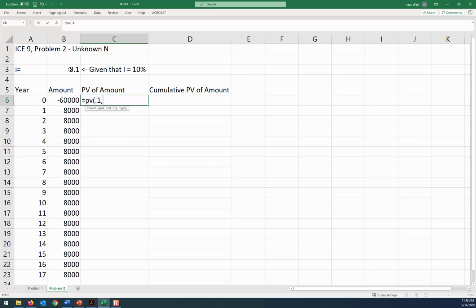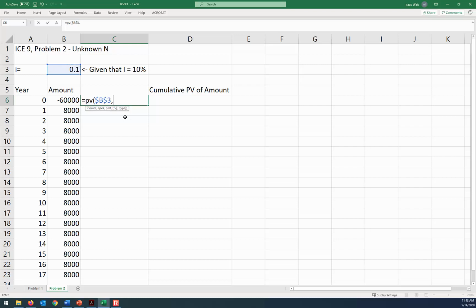Remember in the last in-class example how I was able to just change the value in the interest rate cell and everything automatically updated? If you key in the value rather than refer to a location, then it won't work. So that's why I want to refer to this location and press the F4 button. And when I press the F4 button, then it automatically puts in the dollar signs.